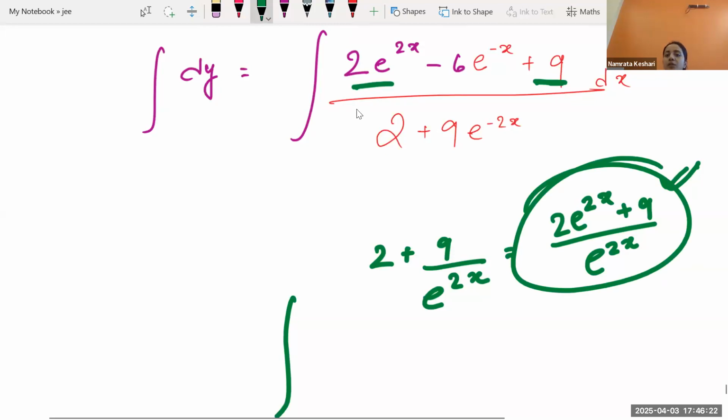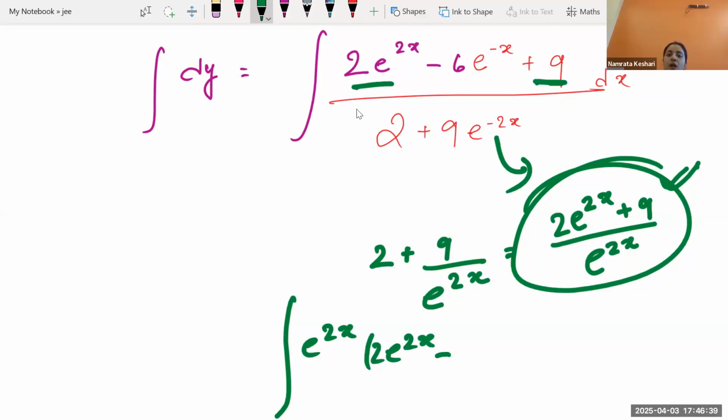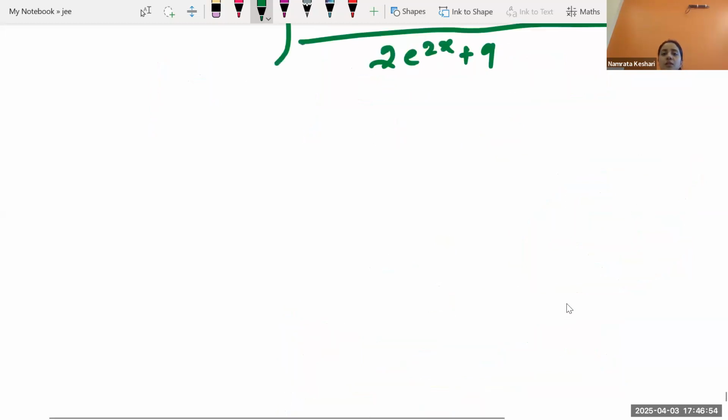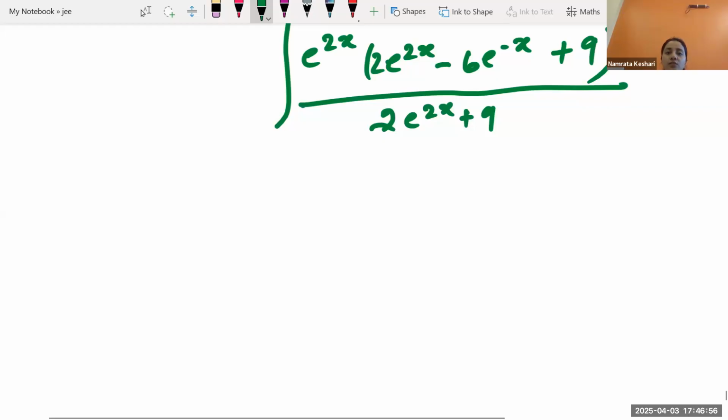If we write the denominator as this one, this e to the power 2x will come on the top, right? Yes, ma'am. And we will be having 2 e to the power 2x minus 6 e to the power minus x plus 9 over 2 e to the power 2x plus 9. Just a little bit of simplification we have done in the denominator, nothing else. Let's check what can be done.